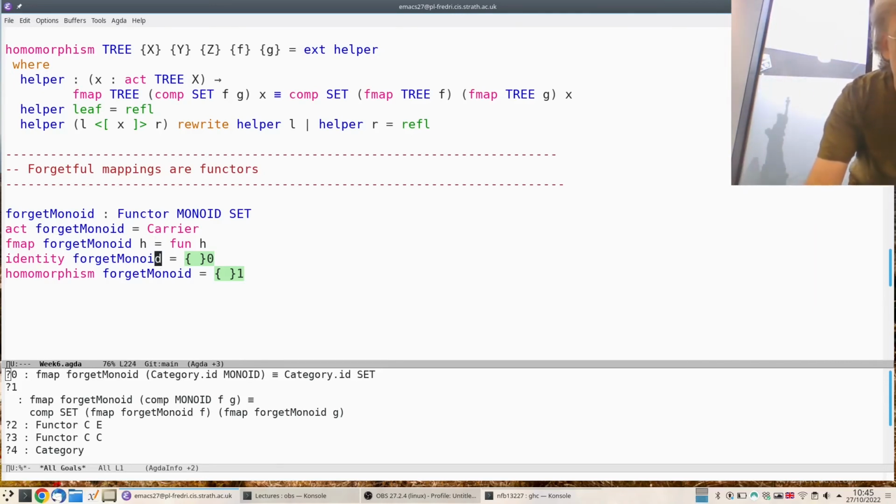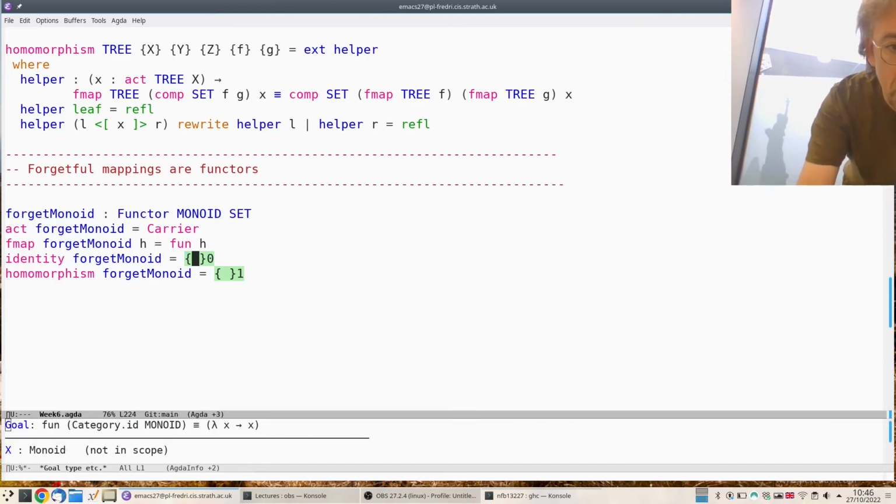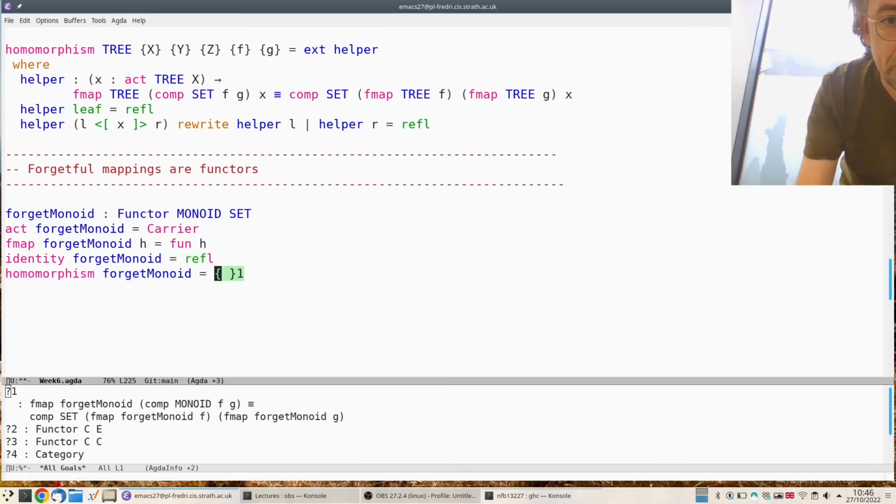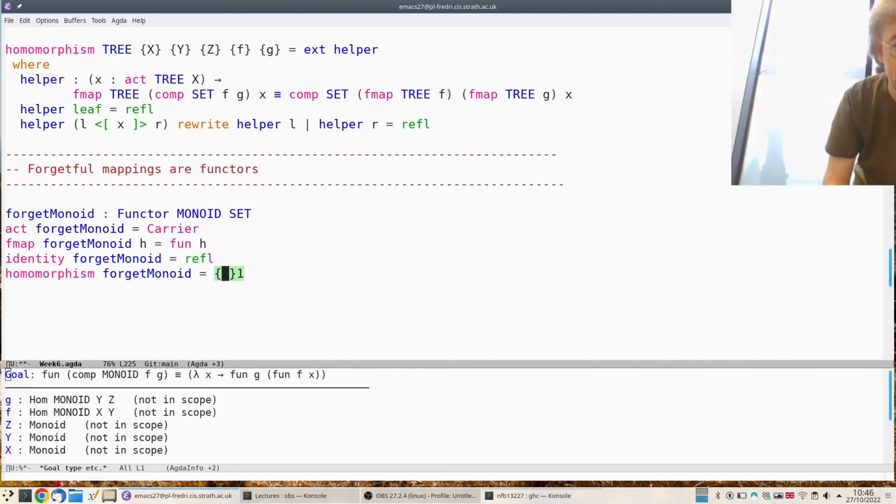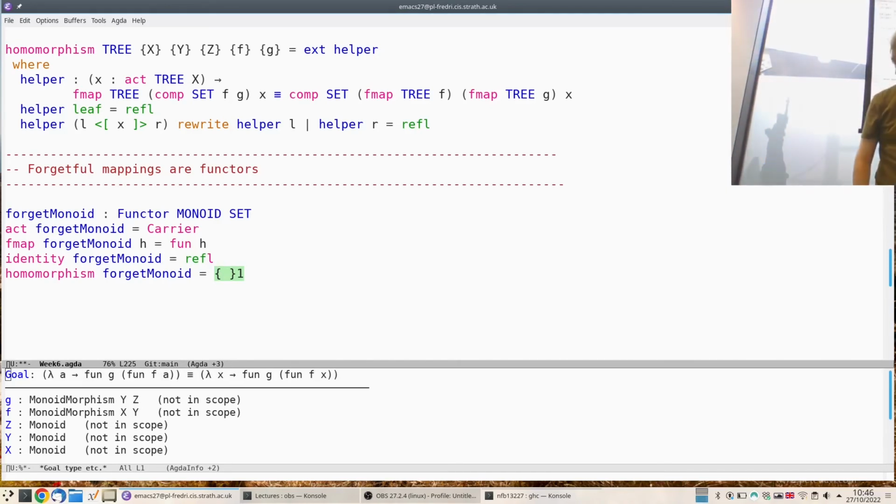So we're in hopefully fine form here in saying, is the actual function that we get the identity function? Sure is. Yes, yeah. That was control U, control U, control C, control comma. And once again here, composition for monoid morphisms was composition of the underlying functions.